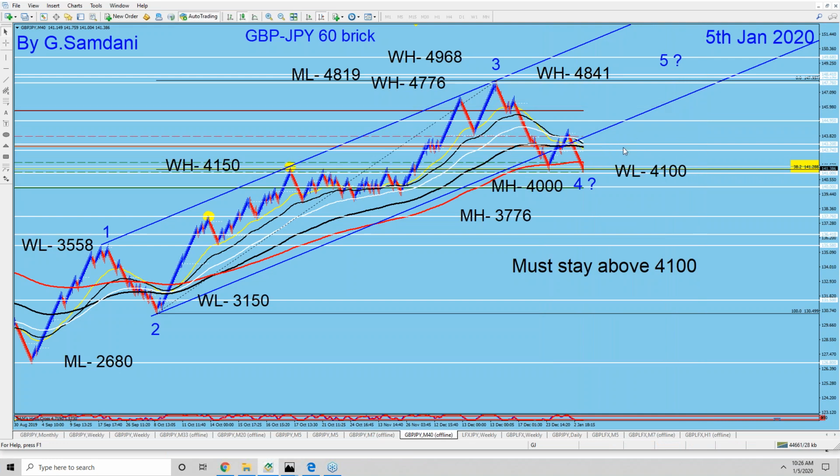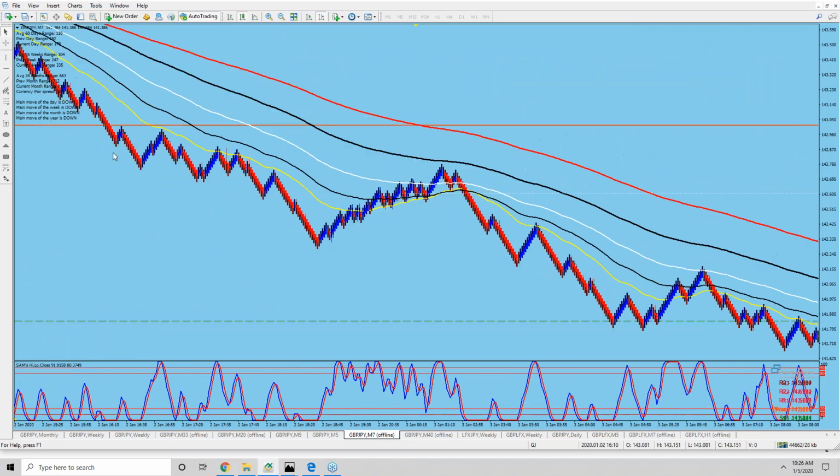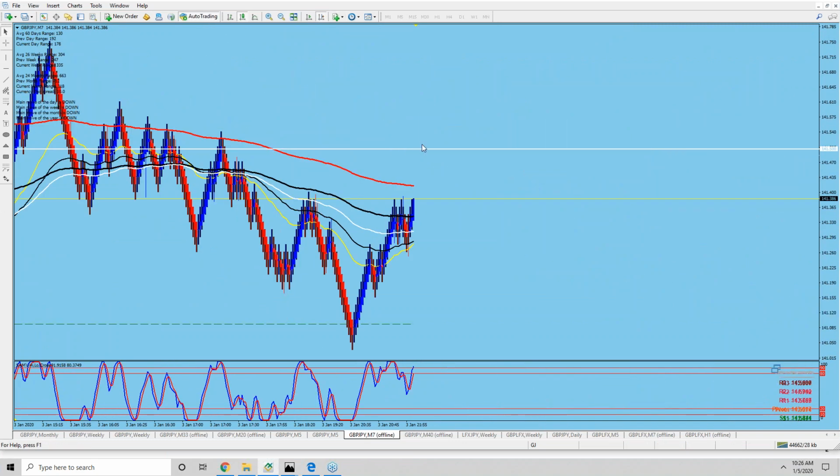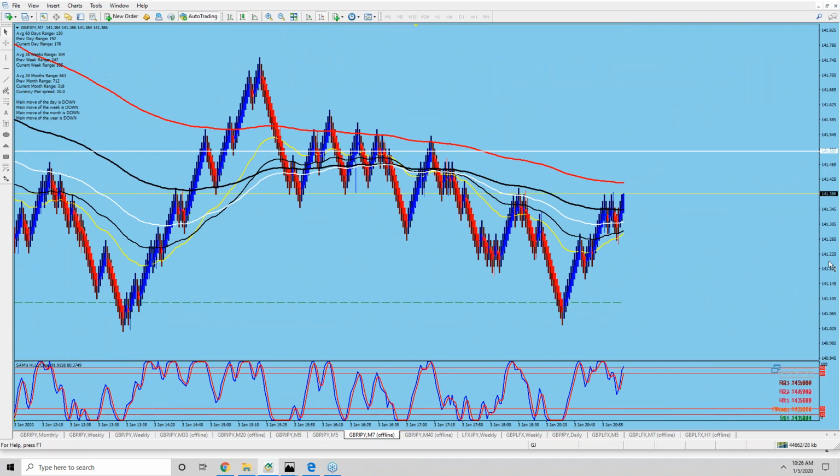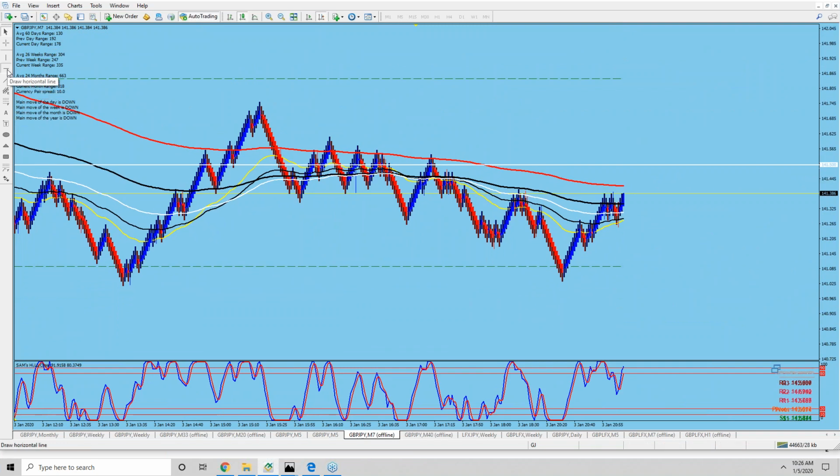And obviously we will go in wave fashion, you know, wave 1, 2, 3, 4, 5, whatever. So let's take a look at the 7-minute chart above 4100 and 4150. We draw those levels on pound yen and then see what happens. Okay, and how we're going to do it. Now 4100 and 4150.